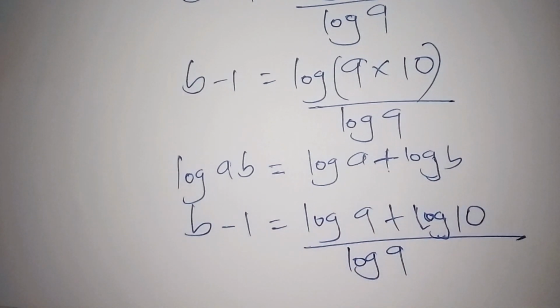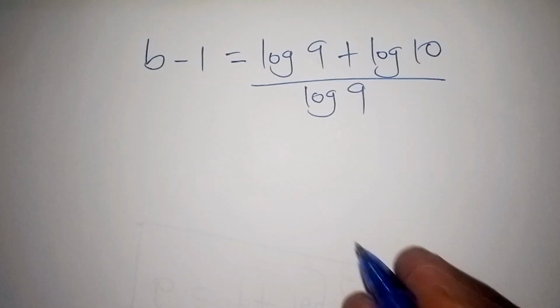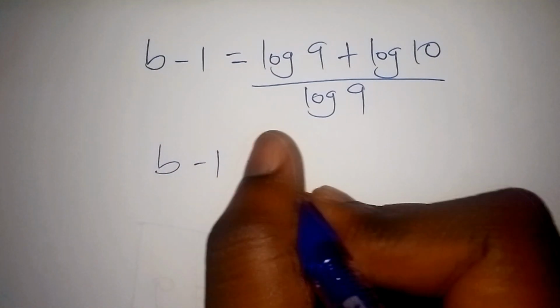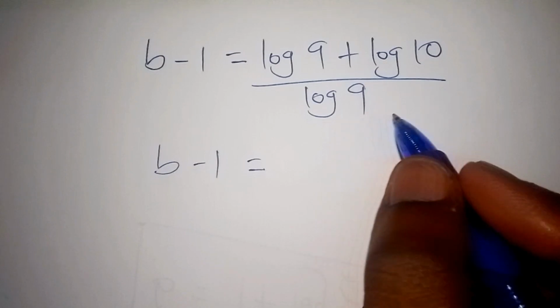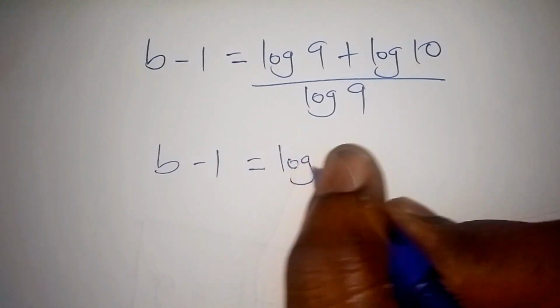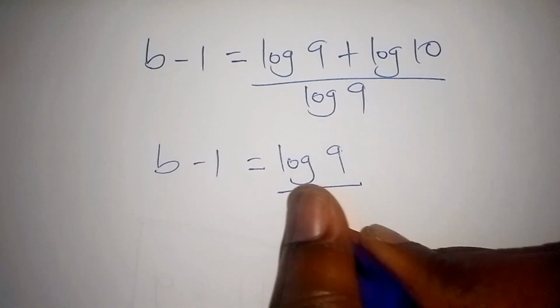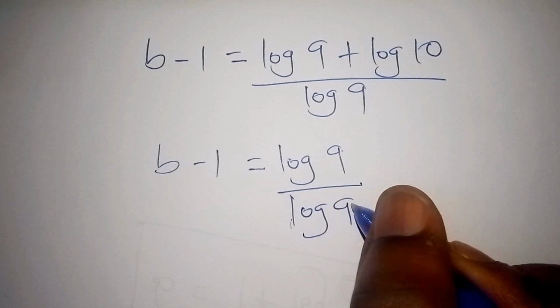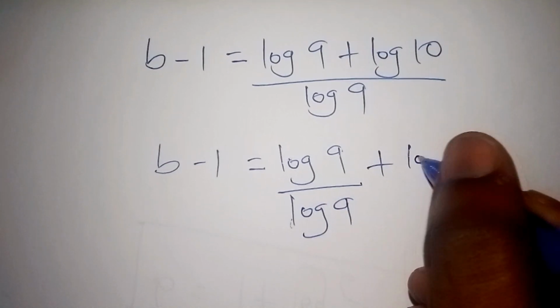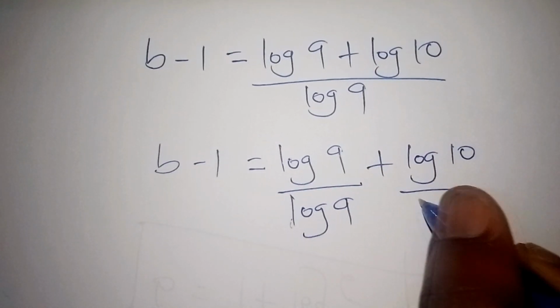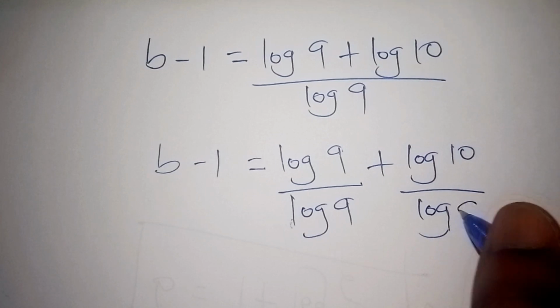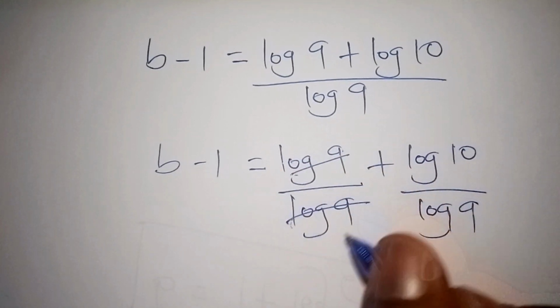Now we have b minus 1 is equal to, by dividing each term by the log of 9, the log of 9 all over the log of 9, plus the log of 10 all over the log of 9. The log of 9 and the log of 9 cancel each other.